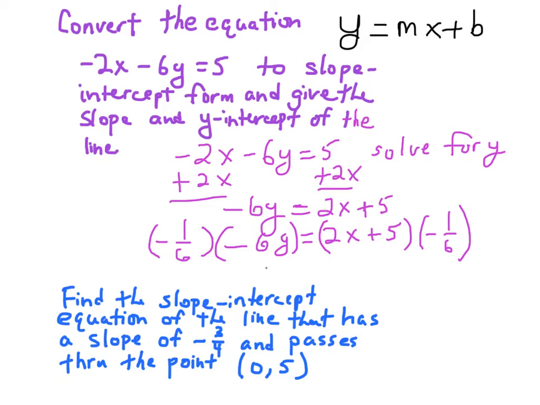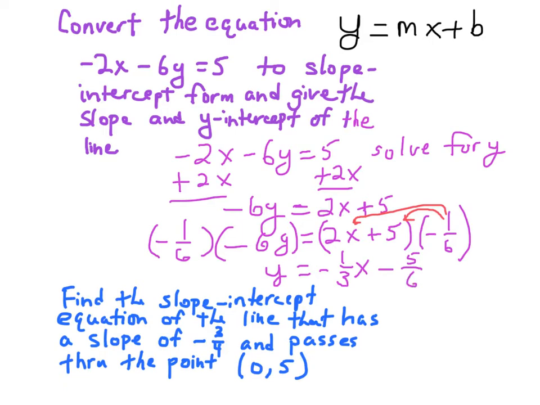And I'll have y equals, when I distribute the negative 1/6 to the 2x, I'll have negative 2/6 x, so that'll be negative 1/3 x. And then I'll distribute it to the 5, and I'll get minus 5/6.